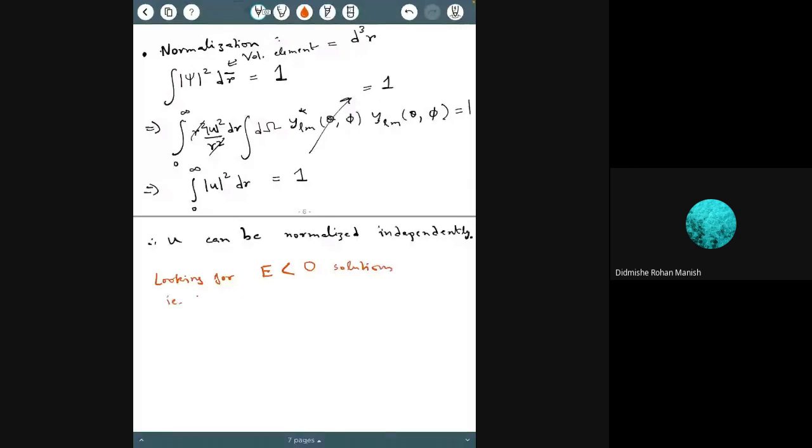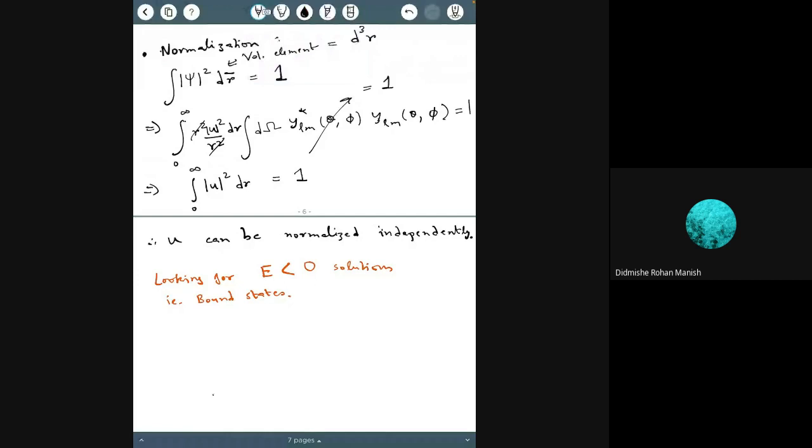That is bound state. So for that, what do we need to do?